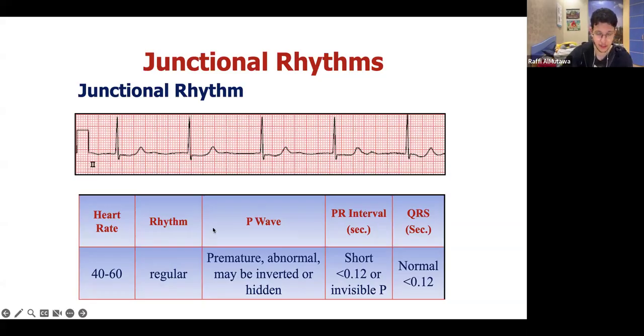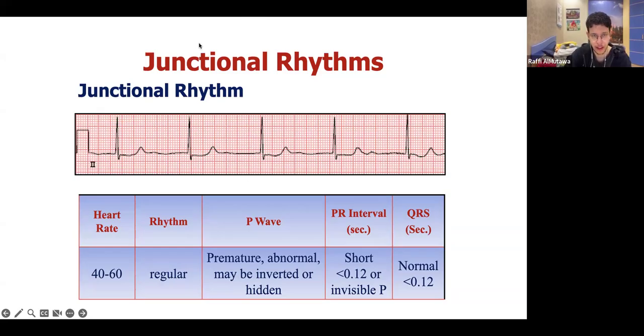So this is an example of what happens when the bundle of His or the AV node takes over, because the SA node isn't working. This is the normal rate of the AV node, so we call it junctional rhythm. Remember, junctional is usually regular, there are no P waves, and it's slower than sinus.